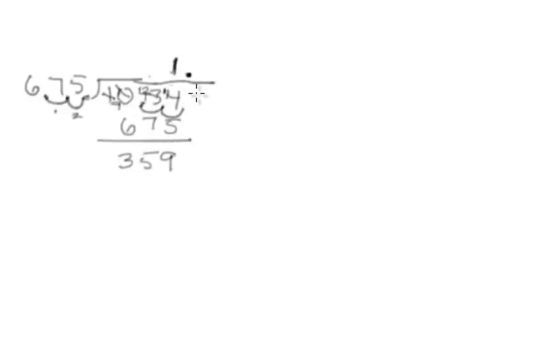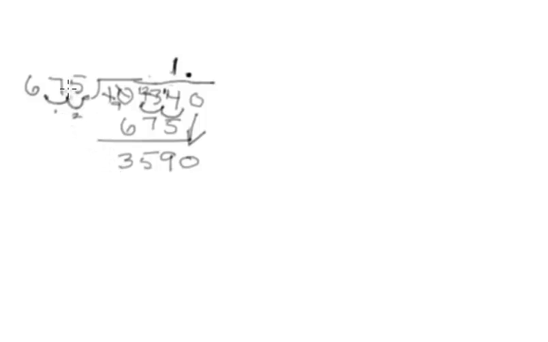Now I take a 0 and carry it down. Now I have to do 675 into 3590. We're going to carry this out 2 places. Sometimes you have to do a little bit of estimation here.